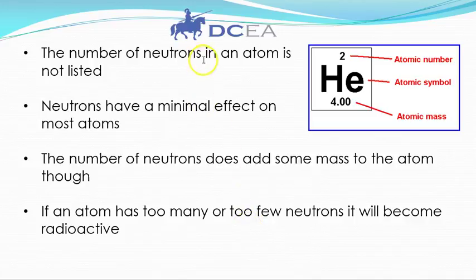The number of neutrons in an atom is not listed. That's because neutrons actually have a minimal effect on most atoms, though the number of neutrons does add some mass to the atom, and an atom that has too many or too few neutrons will become radioactive, and that's another discussion.